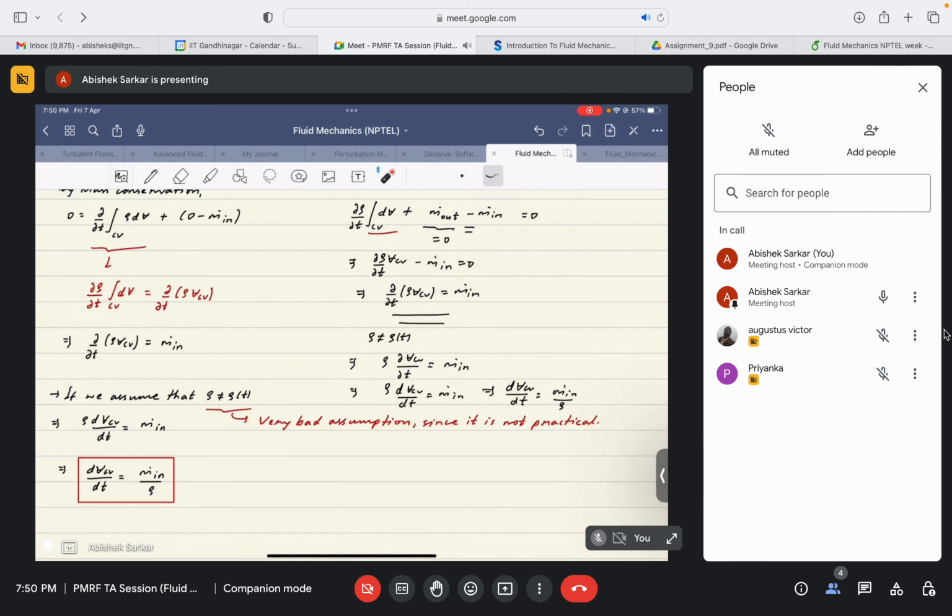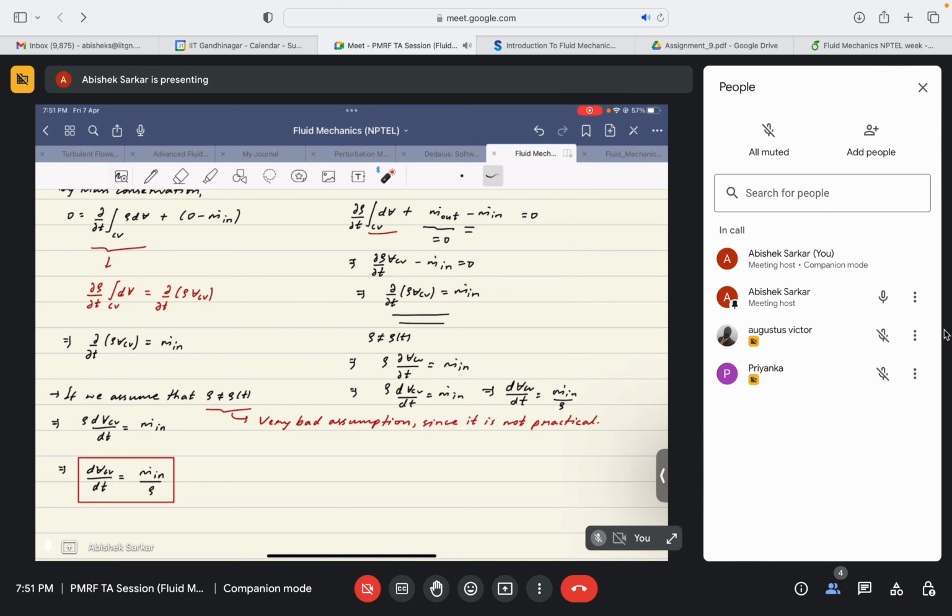In that respect, since the rate at which the air enters the volume is much higher than the rate at which the volume of the balloon changes with respect to spatial coordinates, there would be a significant change in the density of the air within the balloon with respect to time, and that's why this assumption is very inaccurate. We can say very inaccurate.